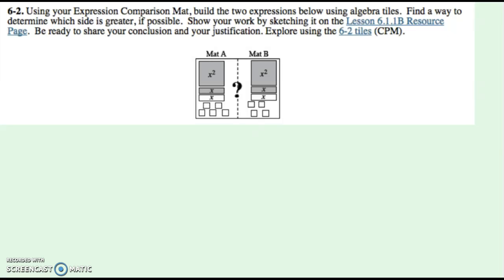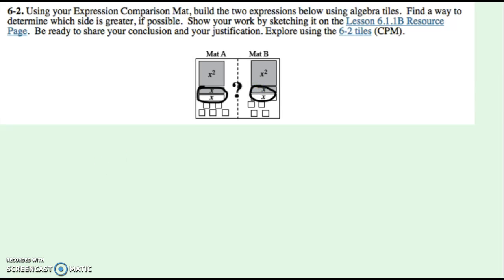So on your resource page, you should see this mat drawn for 6.2. So what you have to do is decide which side is greater, and you're going to do that by first making zero pairs. So on mat A, I see that I have a positive x and a negative x, so I know those create zero pairs. Then on mat B, I have a positive x and a negative x. I know those also create zero pairs.